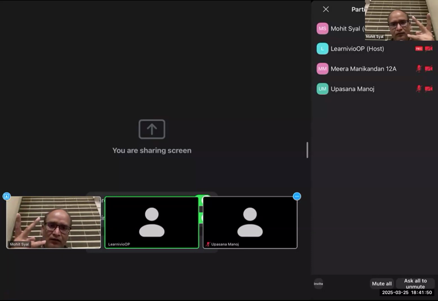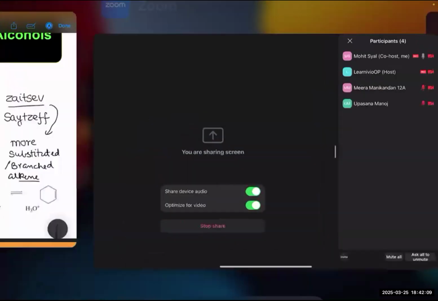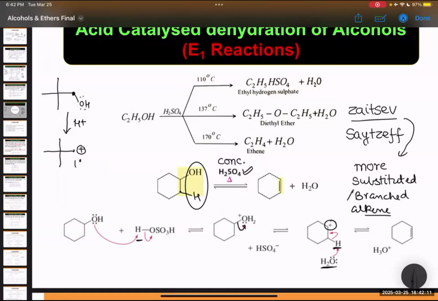If there are two alcohols, which one is going to dehydrate fastest or with maximum rate? The answer is the one which is going to make a more stable cation. So I should write: dehydration can happen more easily if you have a more stable cation. Are you getting my point?